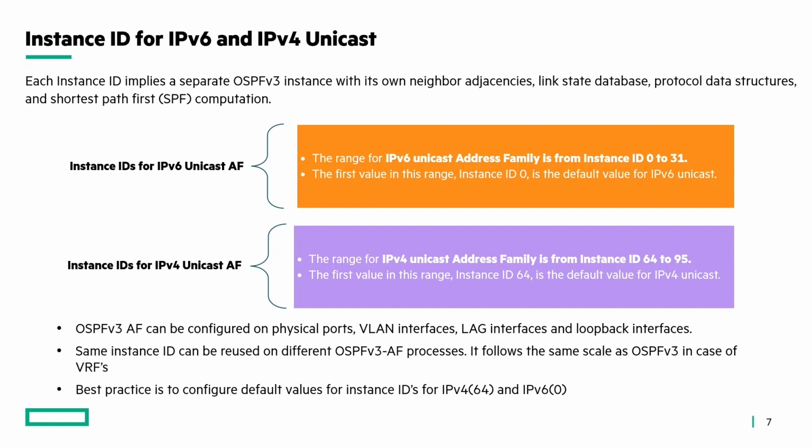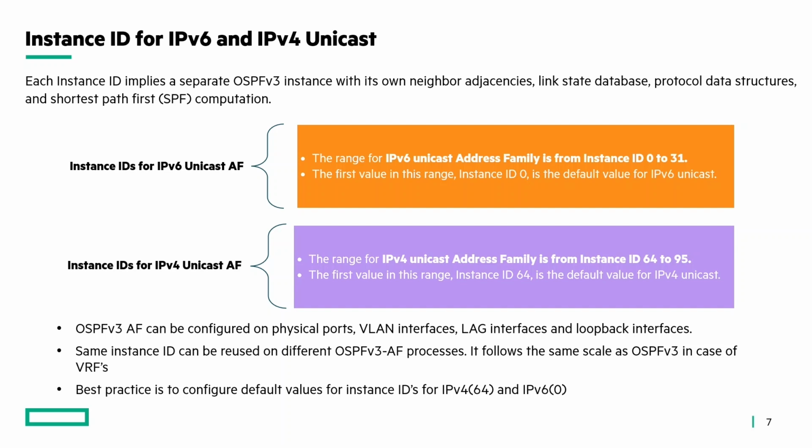Followed by this is the IPv4 unicast AF. The range for IPv4 unicast AF is from 64 to 95, and the first value in this range, instance ID 64, is the default value for IPv4 unicast. OSPFv3 address families can be configured on physical ports, VLAN, LAG, and loopback interfaces.